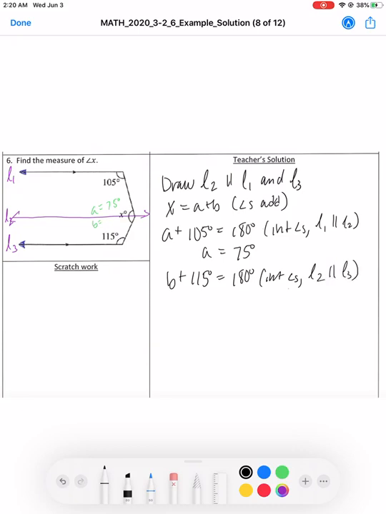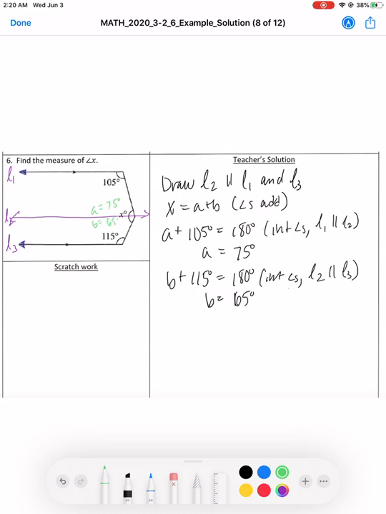Okay, and we solve for B. 180 minus 115 is 65. So B is equal to 65 degrees.